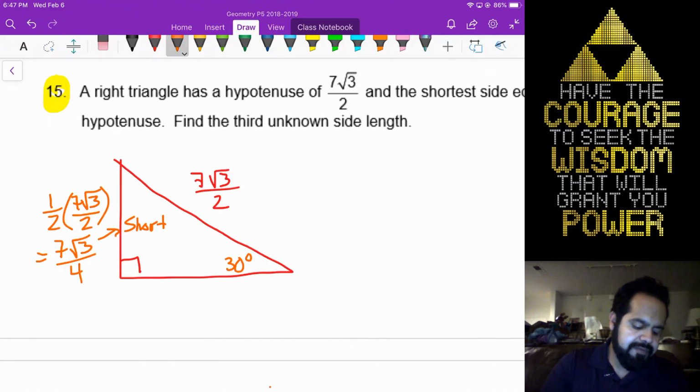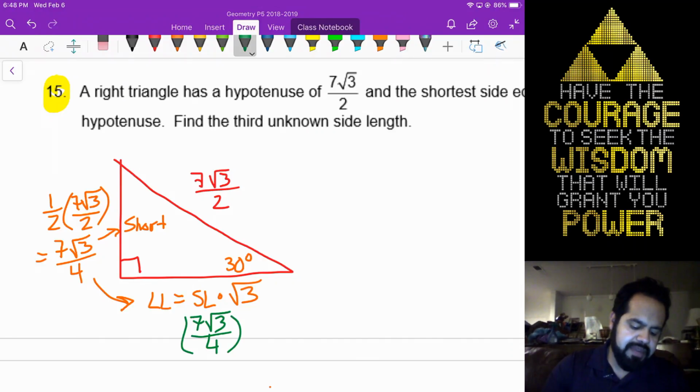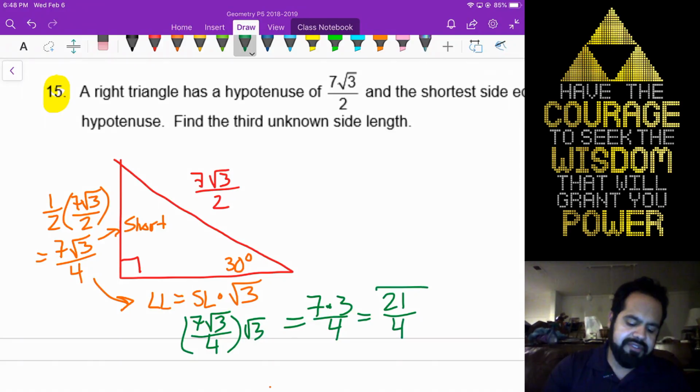So then if I want to find the long leg, remember we say that the long leg is the short leg times the square root of 3. So all I have to do is take my 7 rad 3 over 4 and multiply it by the square root of 3. Well, square root of 3 times square root of 3 should give me a plain old 3. So 7 times 3 all over 4. So this gives us 21/4.